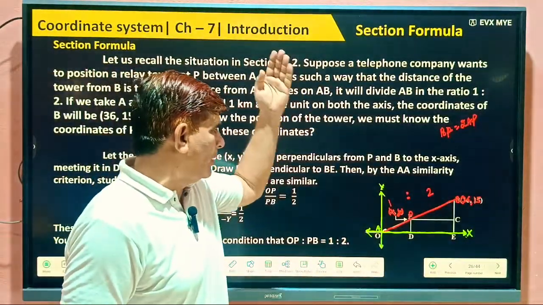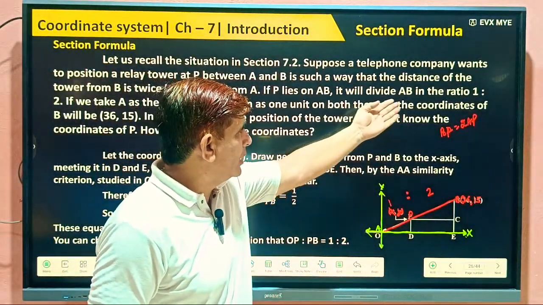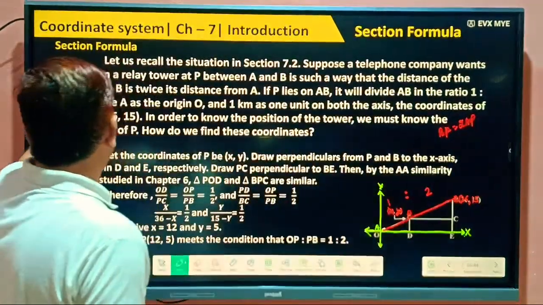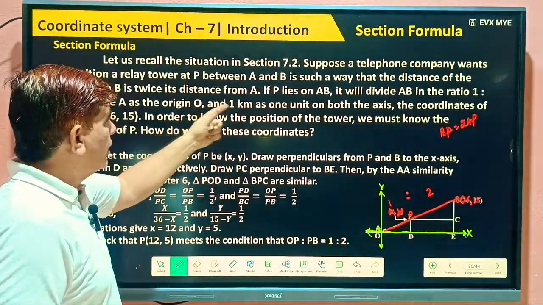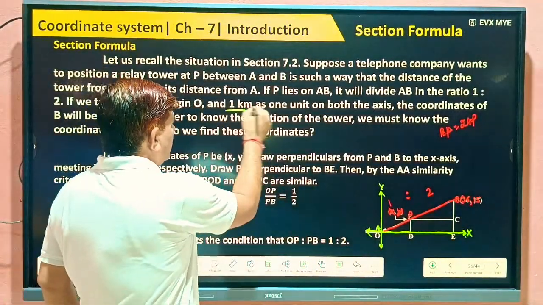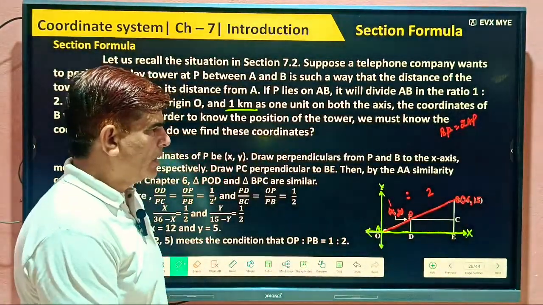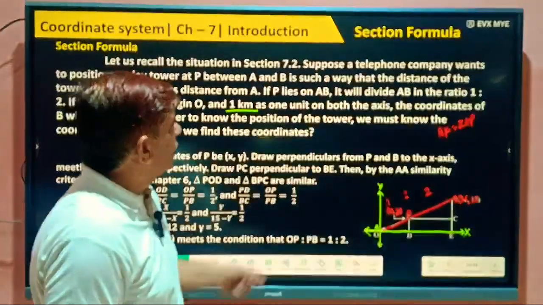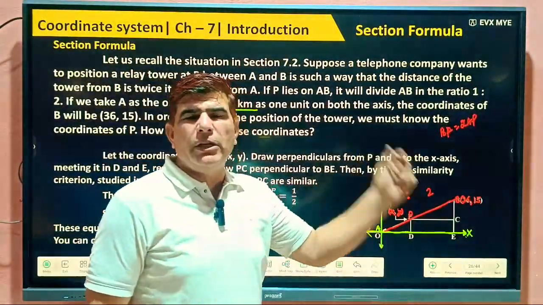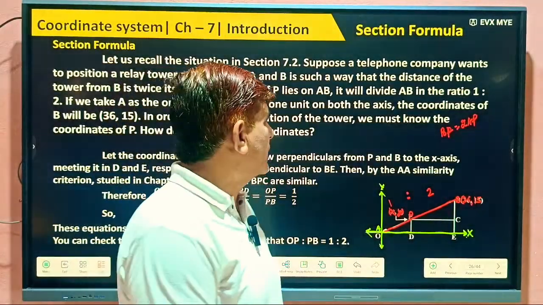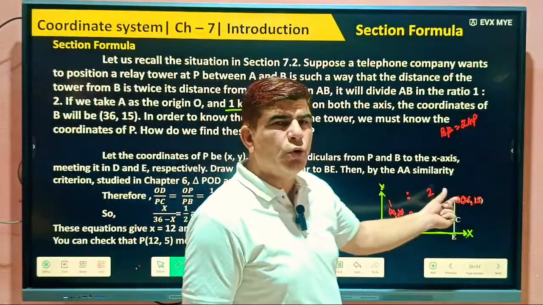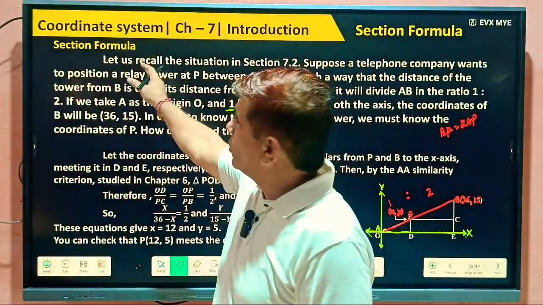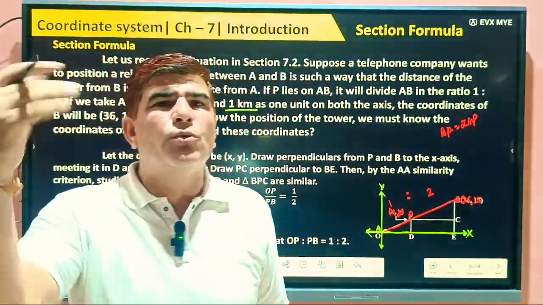P lies on AB. It will divide AB in the ratio 1 to 2. If you take A as the origin, as I told you, and 1 kilometer as 1 unit on both axes, meaning the x-axis and y-axis, the coordinates of B will be this, according to section 7.2, which we already did at the start of this chapter.